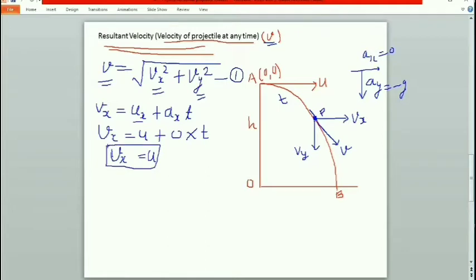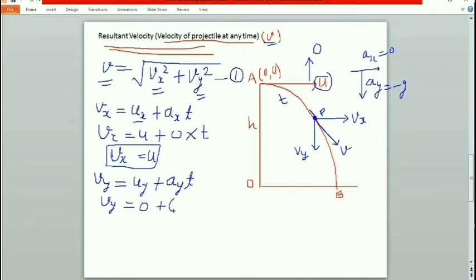Now the second, Vy. Again take the first equation of motion in y direction. Now in y direction, Vy equals to uy plus ay t. Now put the value. Vy हमें calculate करना है. Uy: is there any component of initial velocity in y direction? And the answer is no, 0. So uy is 0 because initial velocity is only in the horizontal direction.